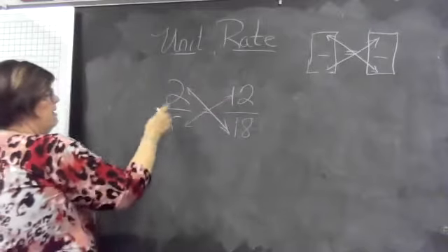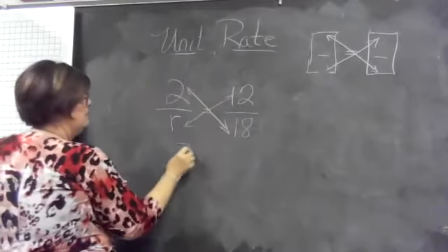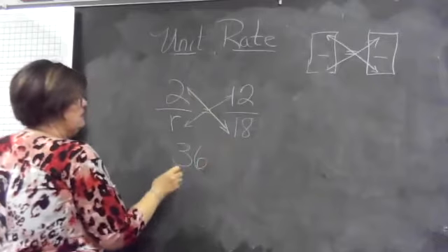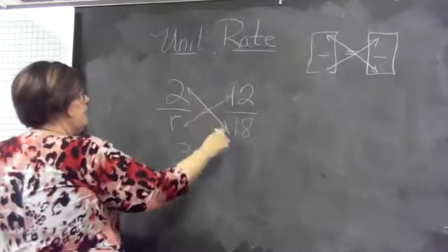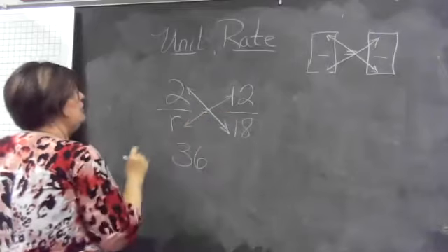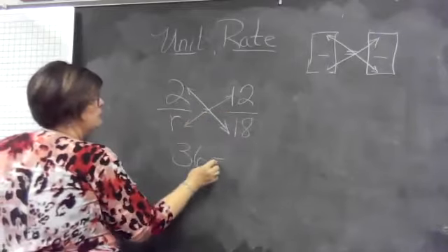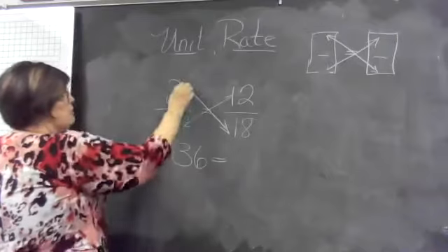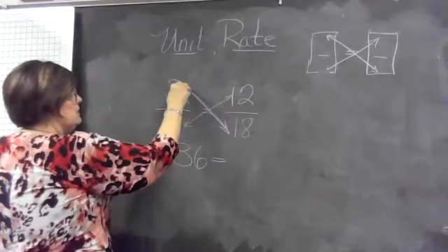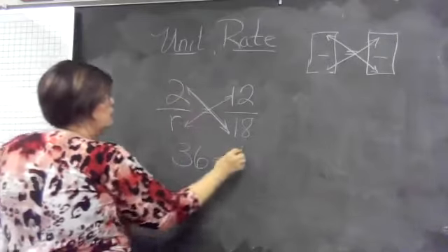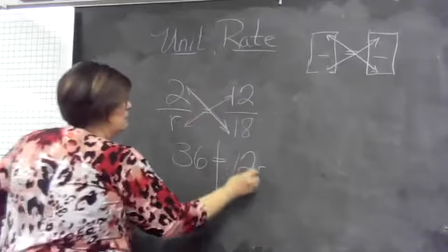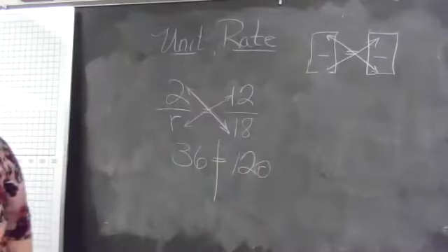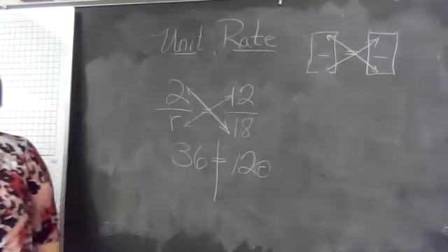So we can say 2 times 18, 36. And again, you could have multiplied here first. It doesn't matter which one you multiply first. You just know that they're equal to each other. So when we multiplied here, we got 36. When we multiply here, we get 12R. We want to solve the proportion, which means we want to know what R equals.